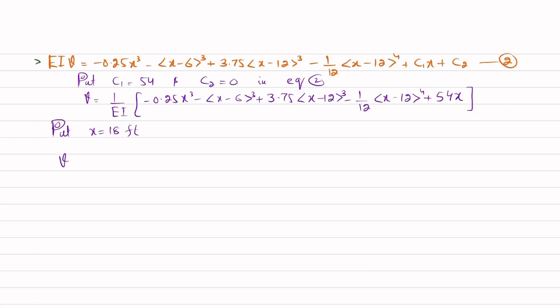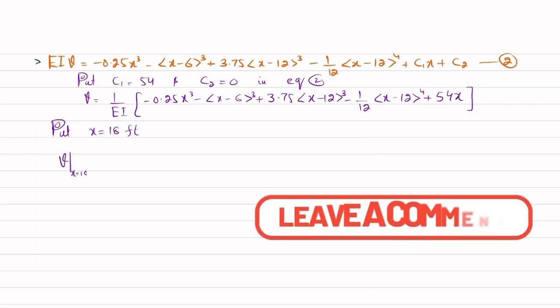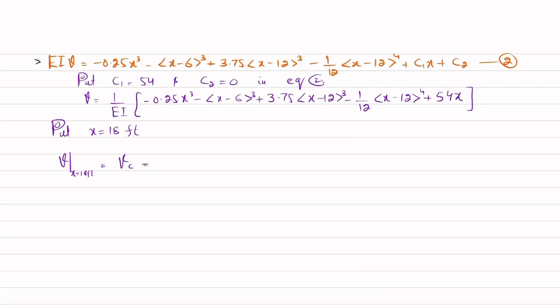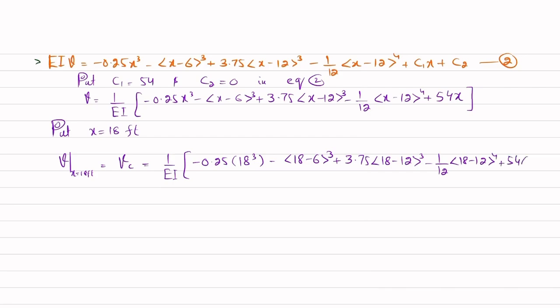We will get deflection at x is equal to 18 feet, which is the deflection at point C, and that will be equal to 1 over EI into minus 0.25 times 18 cube minus 18 minus 6 cube plus 3.75 into 18 minus 12 cube minus 1 over 12 into 18 minus 12 power 4, plus 54 multiplied by 18.